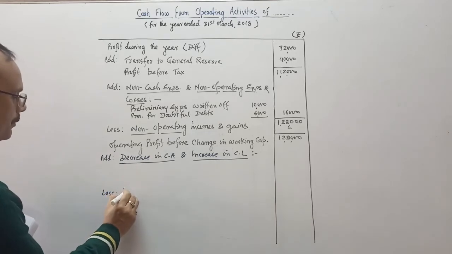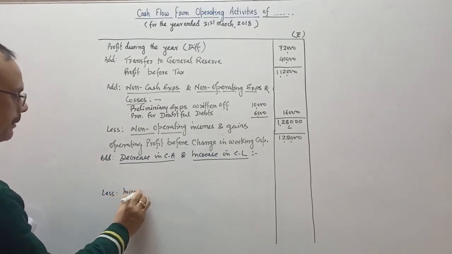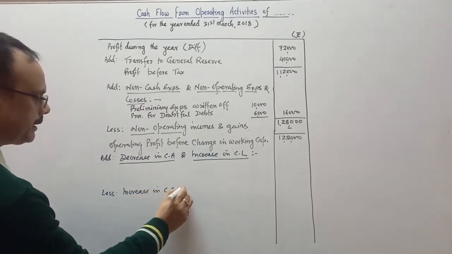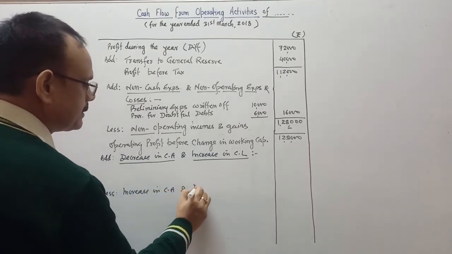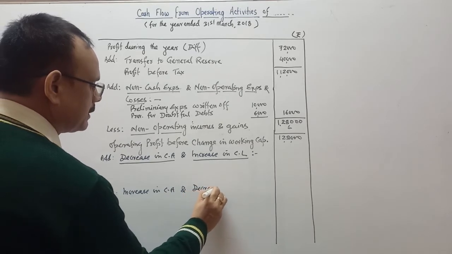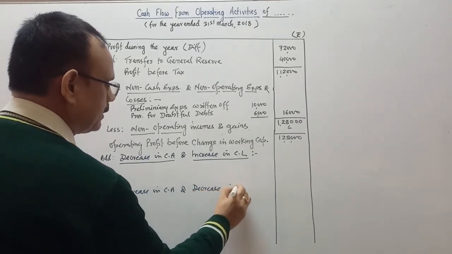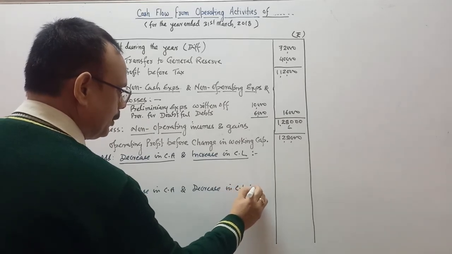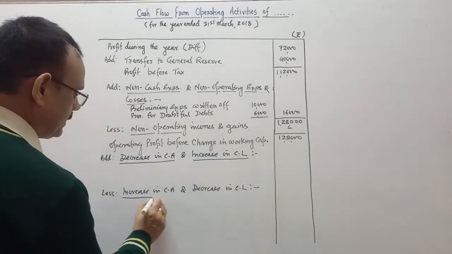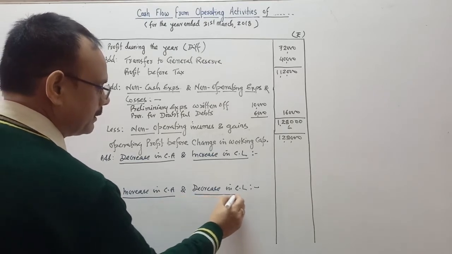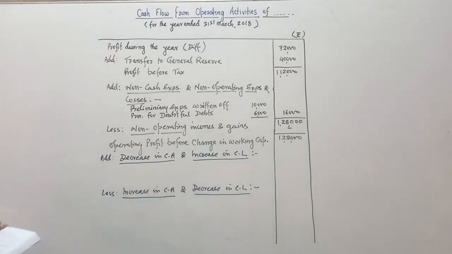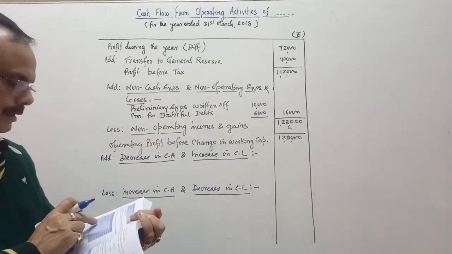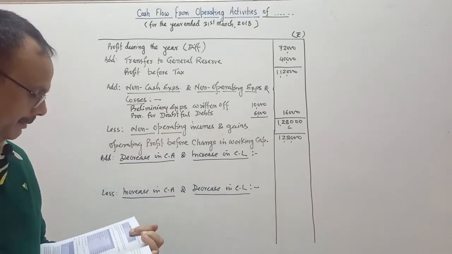So increase in current assets and decrease in current liability will be deducted. Is it clear? So now coming to the increase in trade receivable.